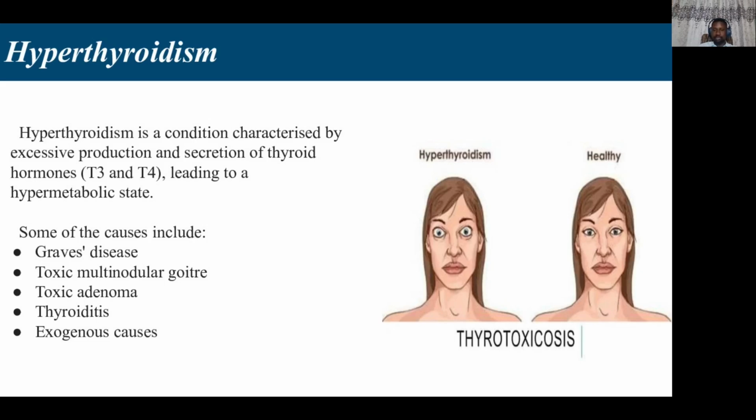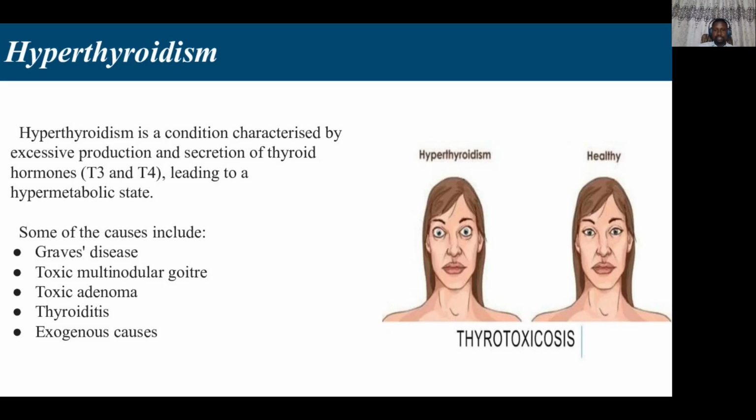It can also be caused by toxic multinodular goiter, an autonomous nodule producing excess thyroid hormone. Toxic adenoma can be a single hyperfunctioning thyroid nodule producing so much of these thyroid hormones.